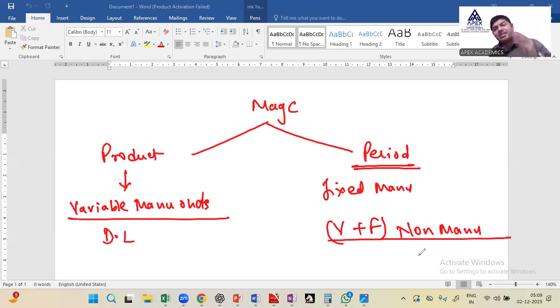Therefore, all variable selling cost, all fixed selling cost, all variable administrative cost, and all fixed administrative cost under marginal costing will become period costs.